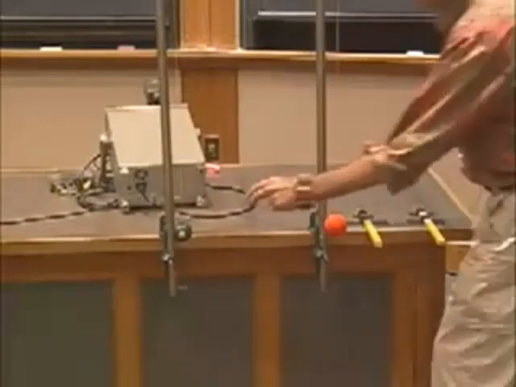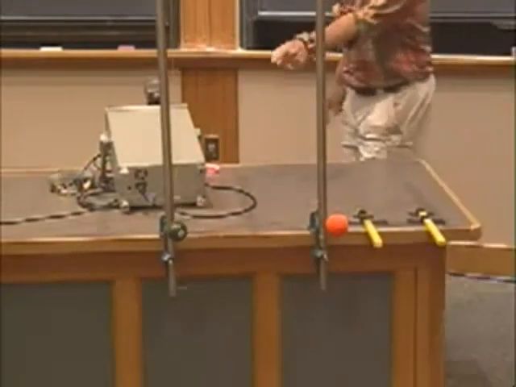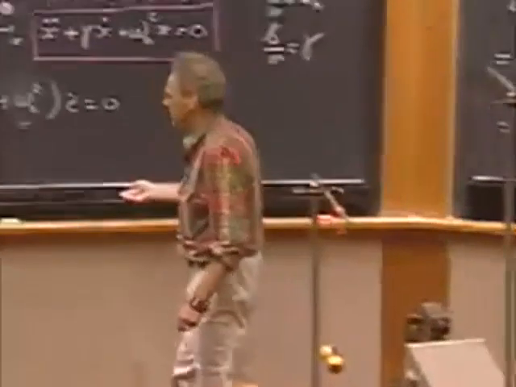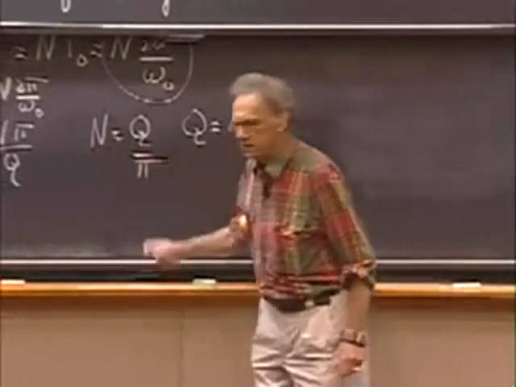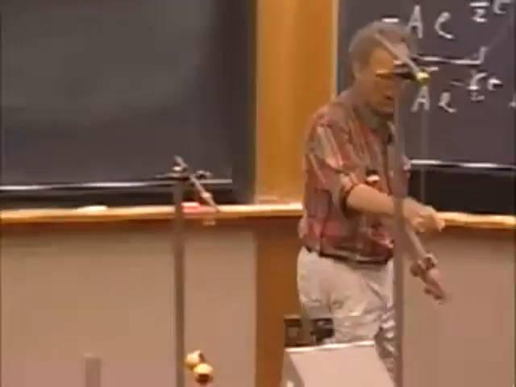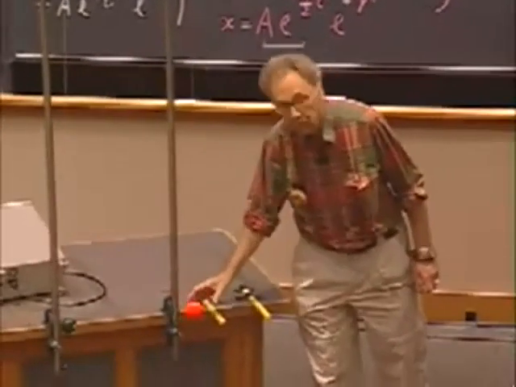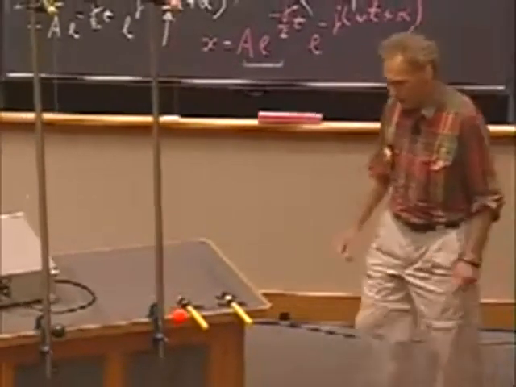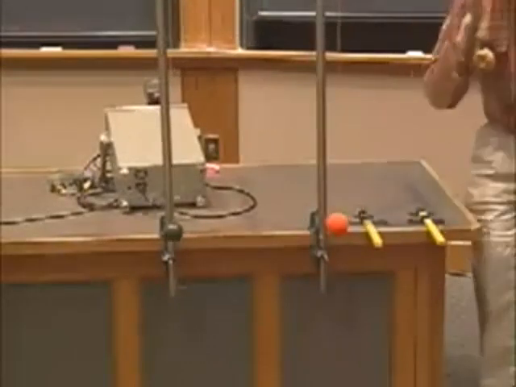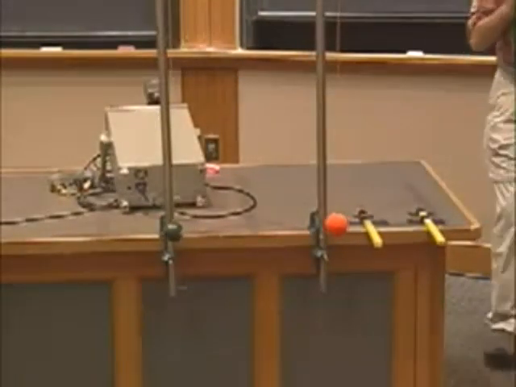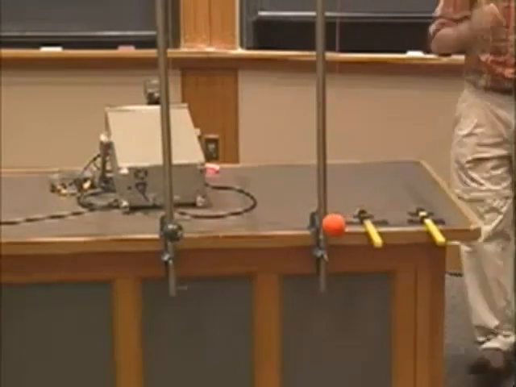In fact, if I wanted to wait how many oscillations it would take for that amplitude to go down by a factor of e, I may have to wait 5 or 10 minutes. So I will not attempt that, but I will attempt to measure Q with this pendulum. If I bring this here, the separation from equilibrium is 27 centimeters. And by the time that it has decayed to this, it's 10 centimeters. So that's about a factor of e.